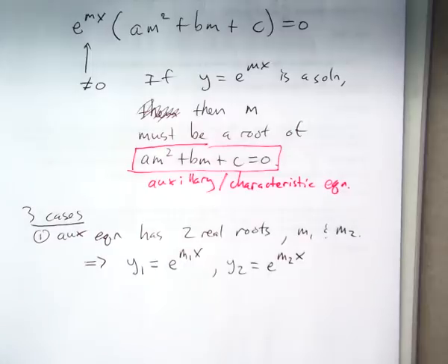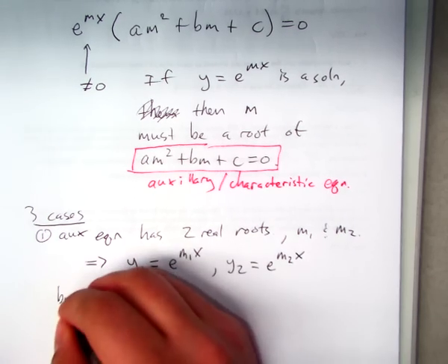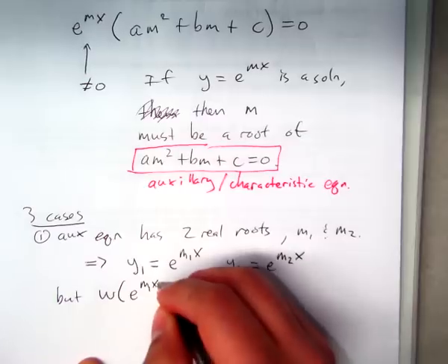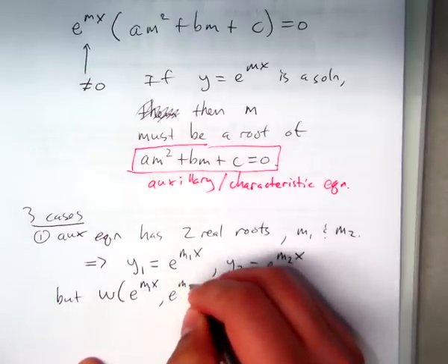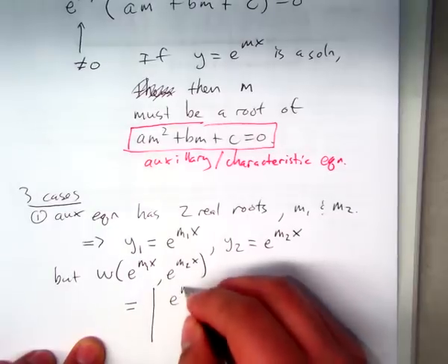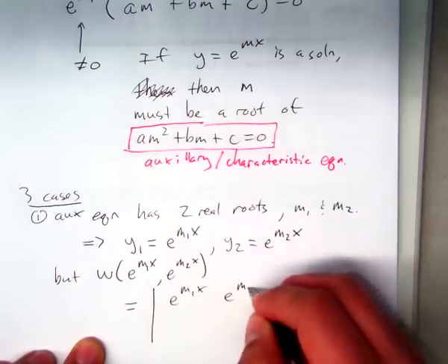And now if we put everything together that we've been talking about in the previous sections, we want to find the general solution, right? General solutions come from a set of what? Linearly independent functions. How do we show something's linearly independent? Do the Wronskian. Let's check it out. If we do the Wronskian of the 2 solutions e to the m1x and e to the m2x, we get the determinant of e to the m1x, e to the m2x for the first row.